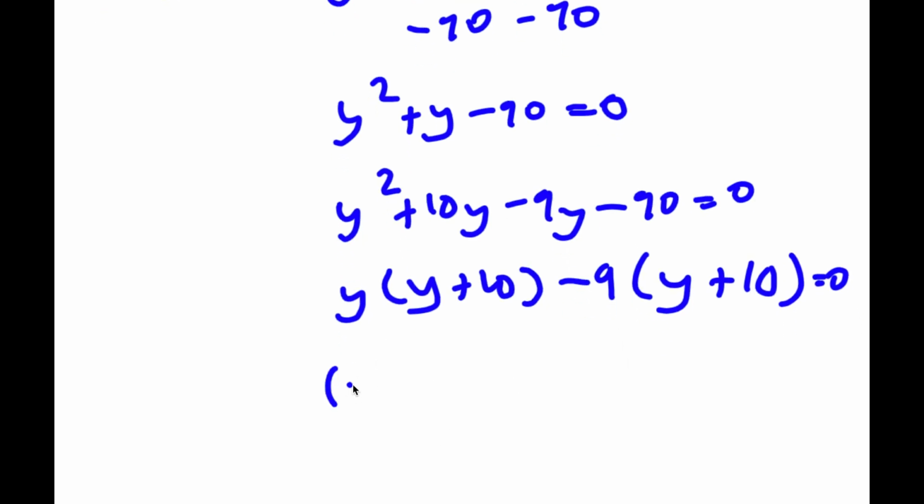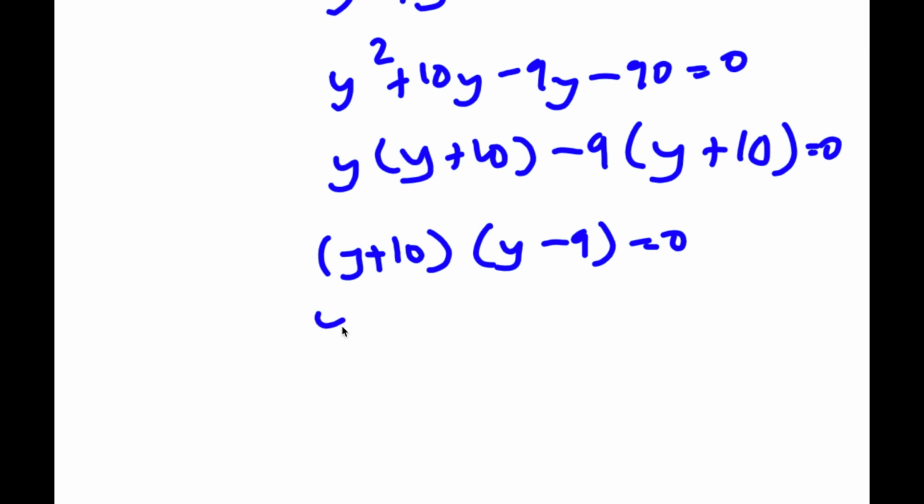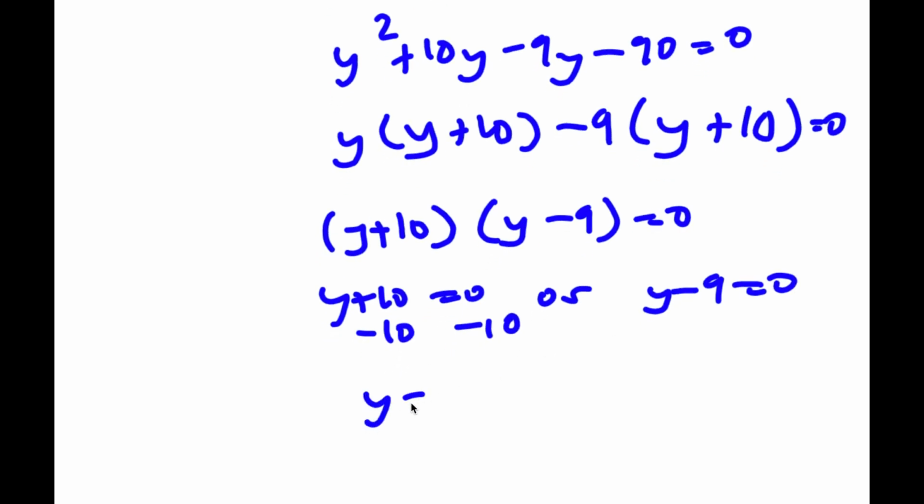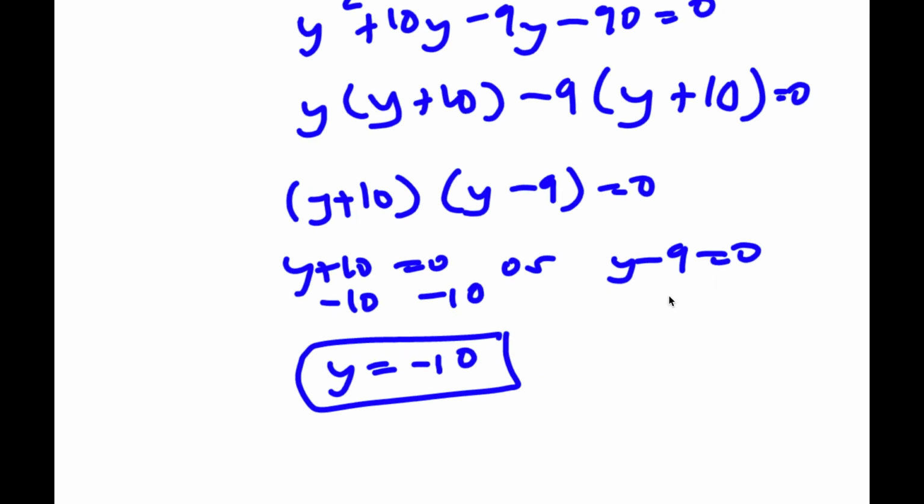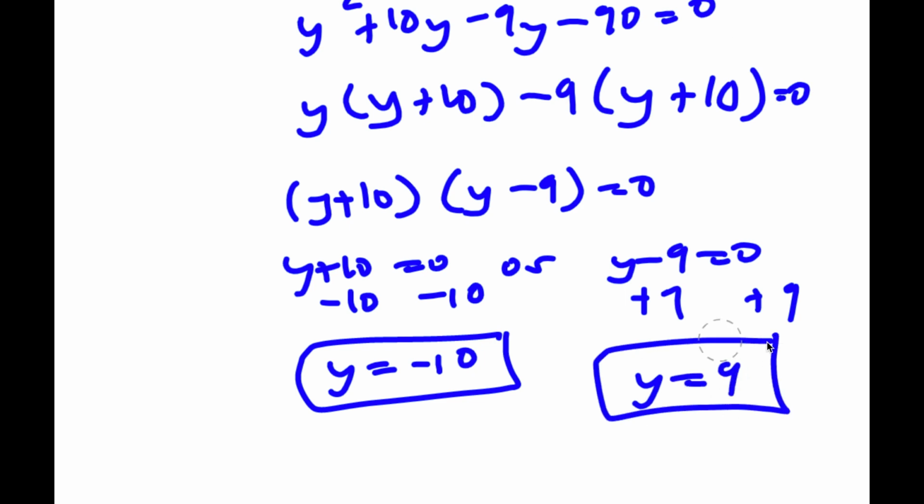Now if I factor out y plus 10 from this, I get y plus 10 times y minus 9 is equal to 0. This gives me two equations, y plus 10 equals 0 or y minus 9 equals 0. For y plus 10 equals 0, I subtract 10 on both sides. So I get y equals negative 10. For y minus 9 equals 0, I add 9 on both sides. So I get y equals 9.